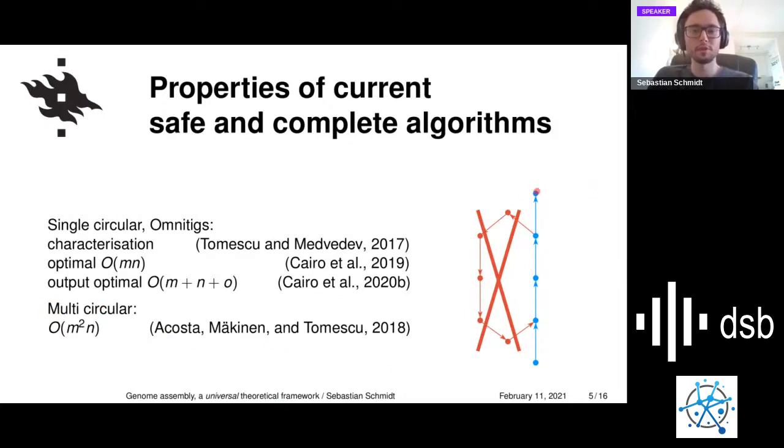Well, if we look at this blue walk here, a forbidden path in this blue walk would be a path like the red path here that repeats an inner subwalk of the blue walk. And if such a path exists, then this blue walk would not be an omnitig. If no such path exists, then this blue walk would be an omnitig. Now, this is how these older characterizations work.